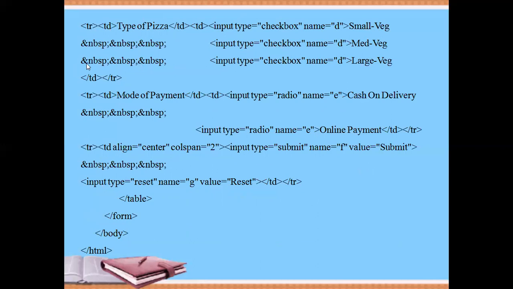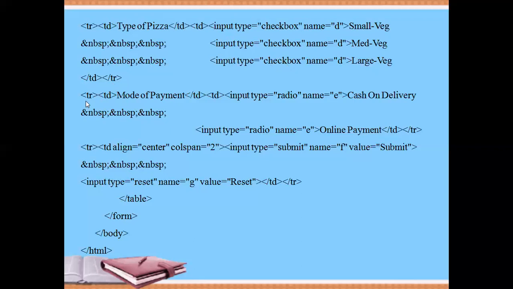Again spaces, you can put NBSP ampersand NBSP semicolon as many times you want to give the spaces. So here I have given 1, 2, 3 spaces and then display the checkbox. Input type is equal to checkbox. Name D, third option, large veg. Close the cell, close the row.